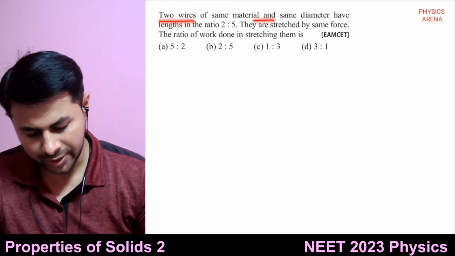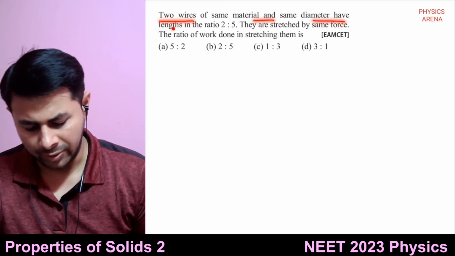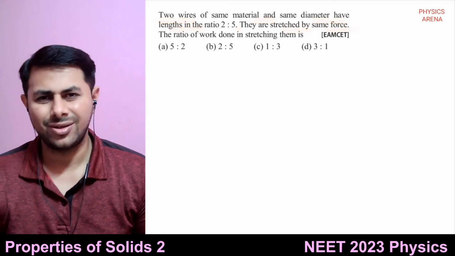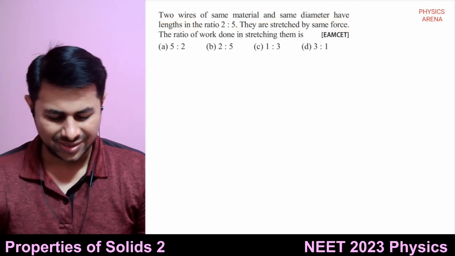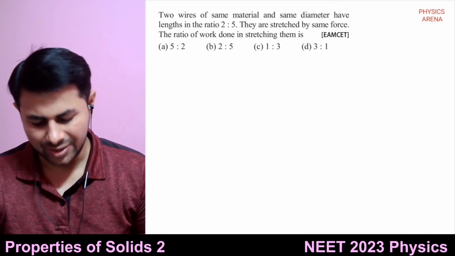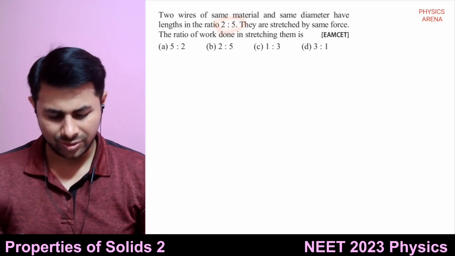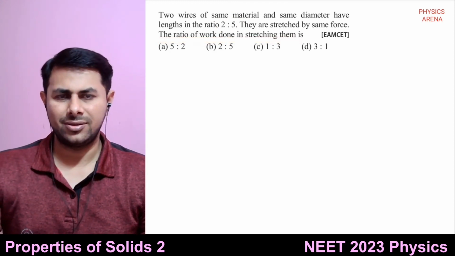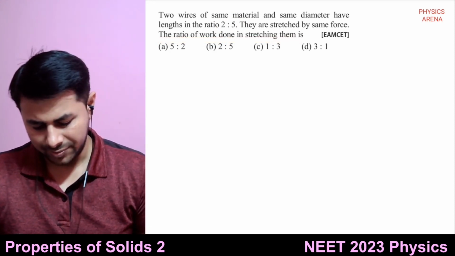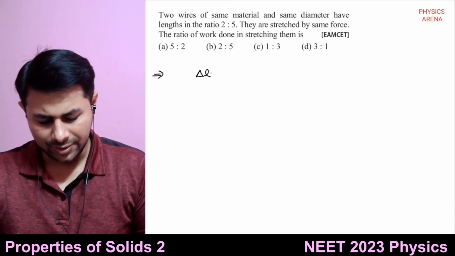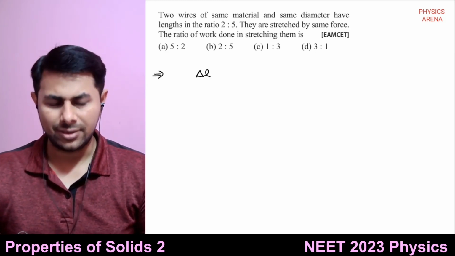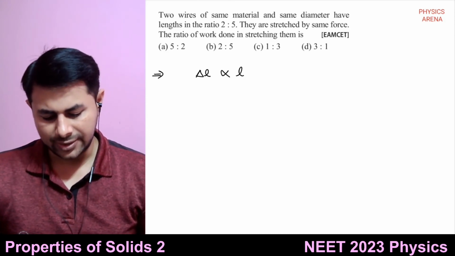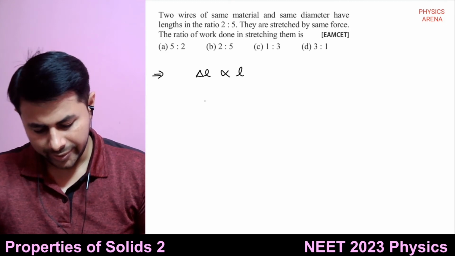Two wires of the same material and same diameter have lengths in the ratio 2:5. They are stretched by the same force. Then the ratio of work done in stretching them is? So again, this is also simple. Delta L is directly proportional to L, right? And lengths are in the ratio 2:5.